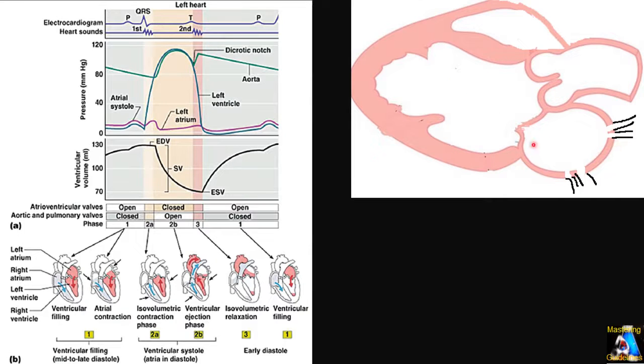There will not be too much blood going toward the left ventricle at mid-diastole. This phase we call diastasis. It means there is a balance between the pressure in the left ventricle and the left atrium, and not too much blood goes inside the left ventricle.